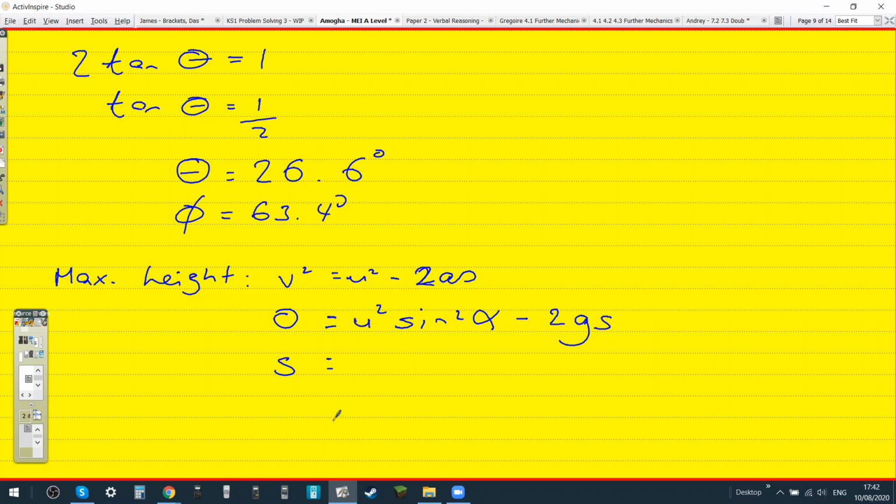What would that be? U squared sine squared 26.6. Why is it sine squared? Is it U sine alpha? Yeah, the whole thing. So you just did it individually. I'll just leave it as alpha for now.